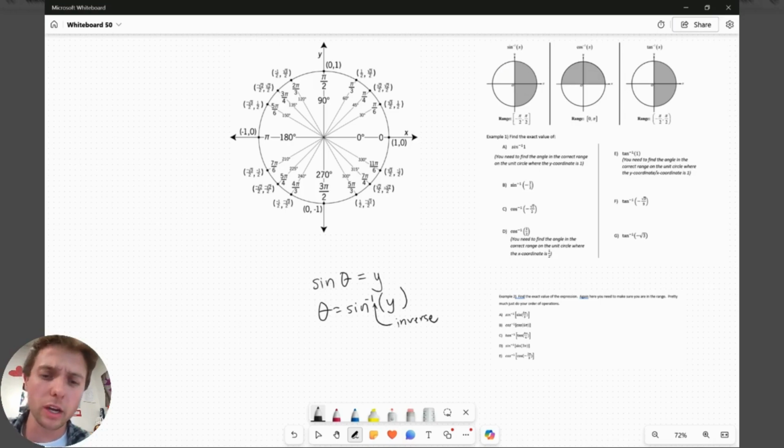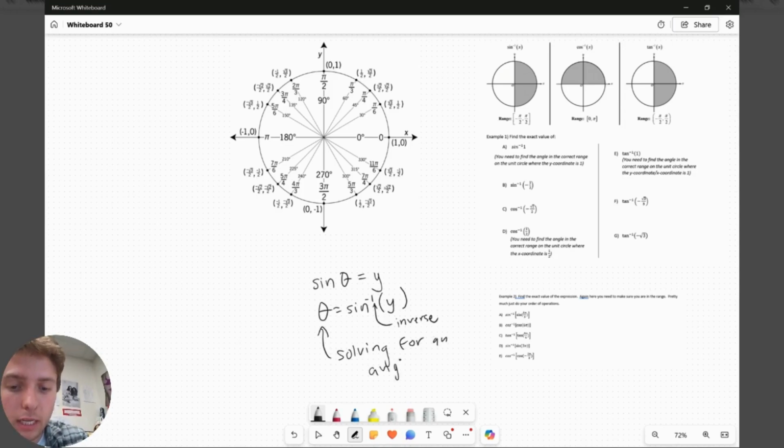So notice what we are doing then. When we are looking for theta, when we are taking sine inverse or cosine inverse, you are solving for an angle. Anytime you take an inverse trig function, you're solving for the angle.